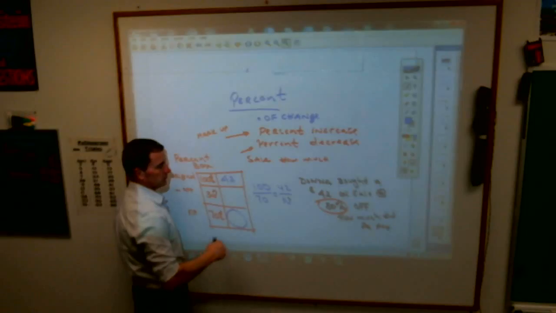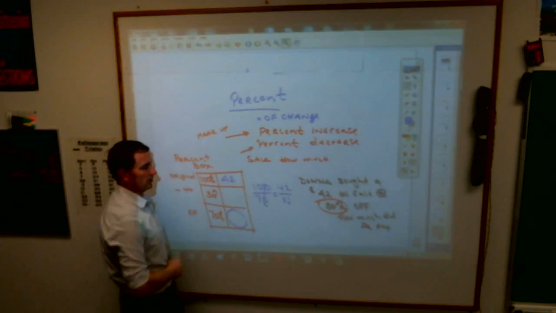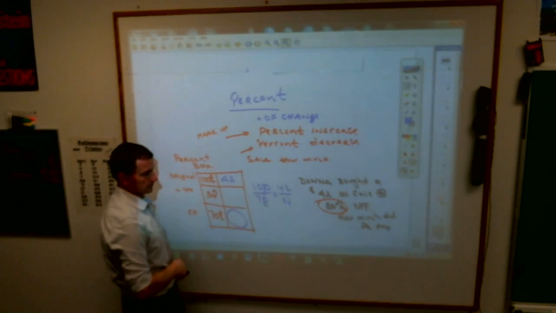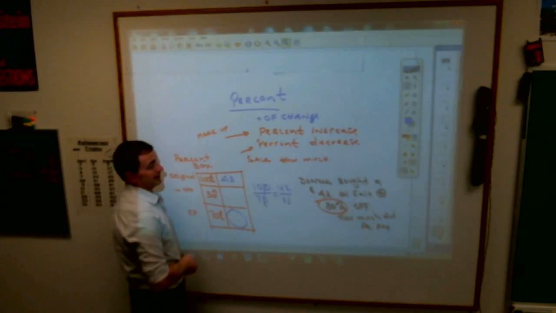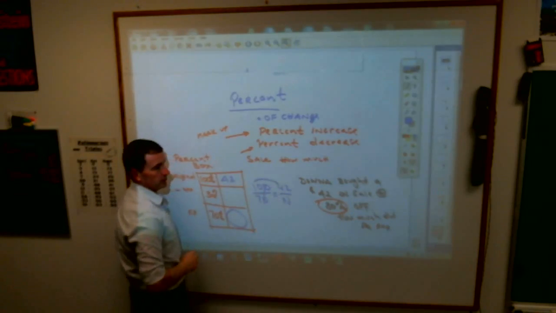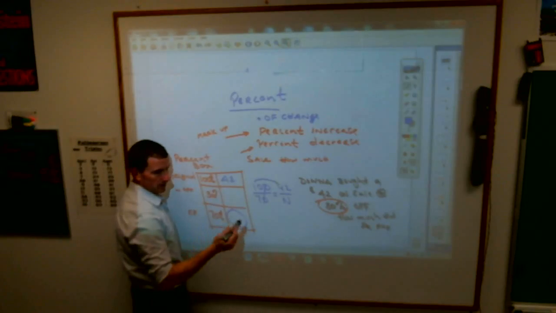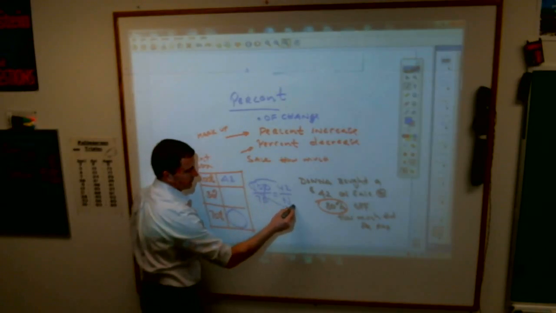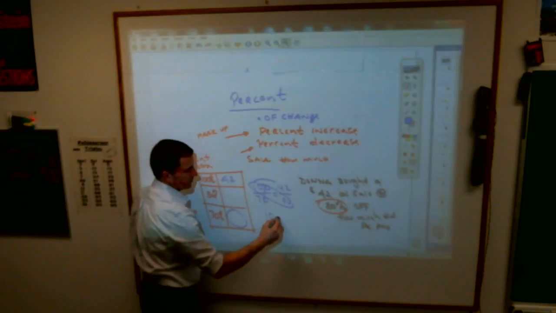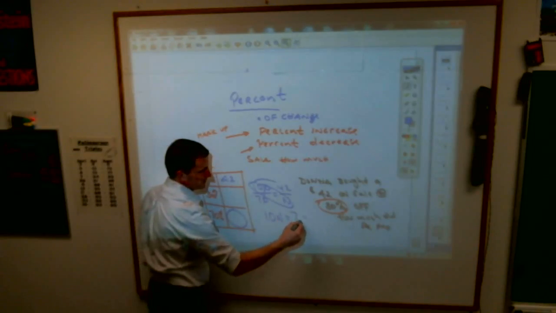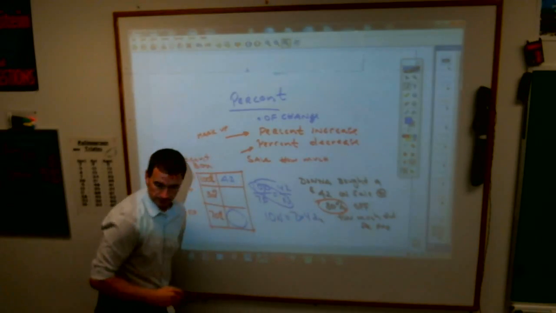And feel free to do the old cross off thing. Does that help you there? It does a little. Can you figure out 10 times what is 42? Well, probably kind of hard. So if you can't do that, you're going to have to do the cross product thing. 10 times what number is 7 times 42?